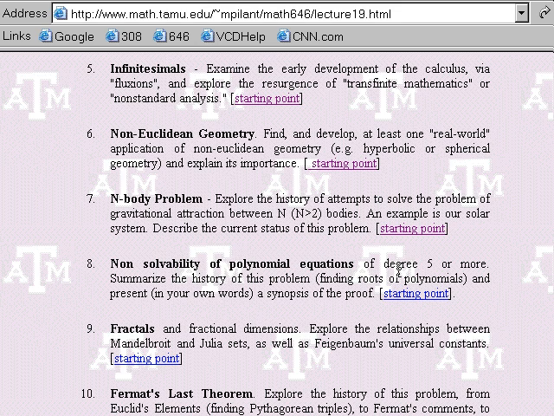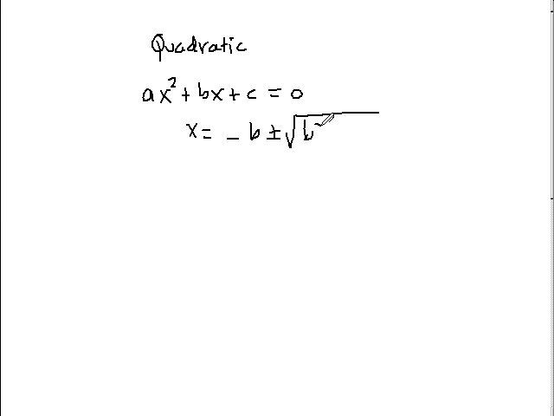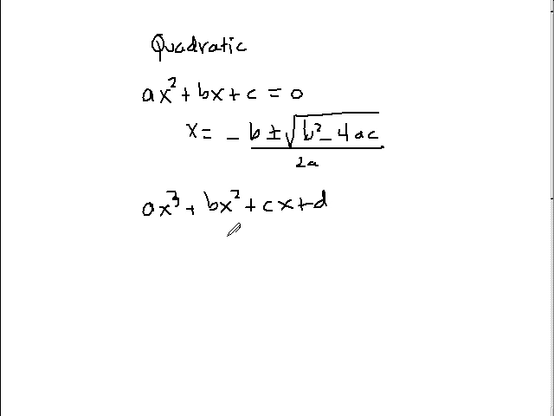Another very classical problem is the non-solvability of quintic polynomials, with degree 5 or more. It actually turns out that you have the quadratic formula, which we all know: ax squared plus bx plus c equals 0, you can write down minus b plus or minus. And then you might have ax cubed plus bx squared plus cx plus d.